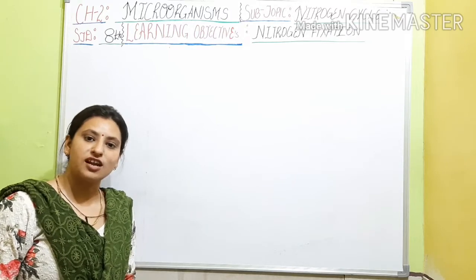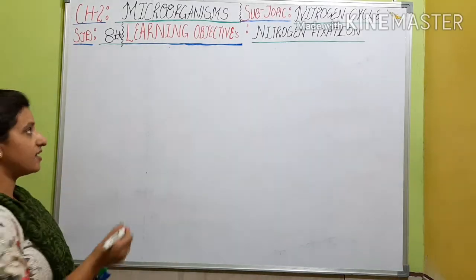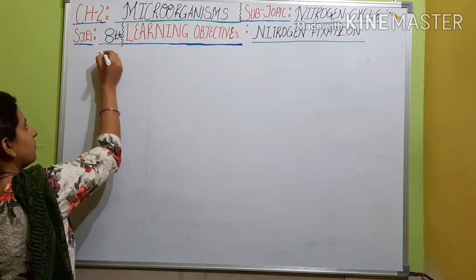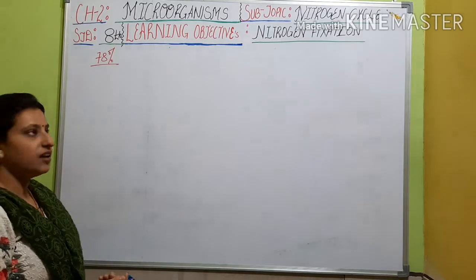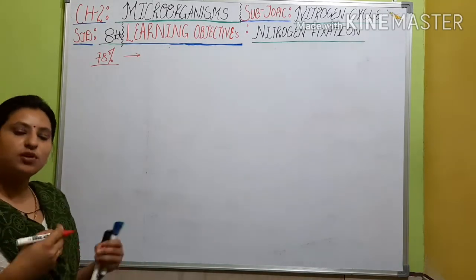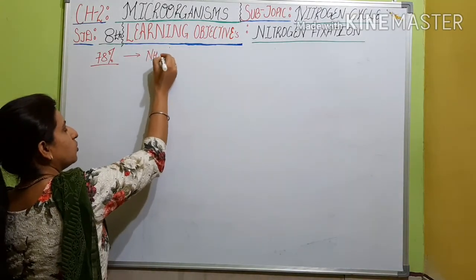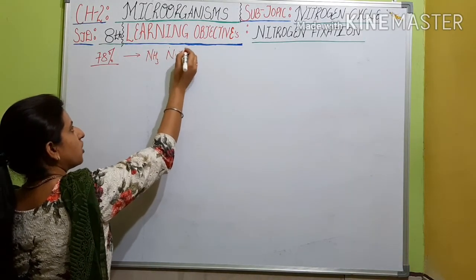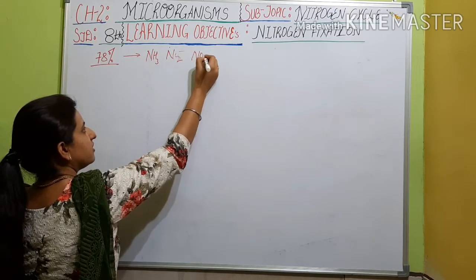So first of all, what is nitrogen fixation? It is converting the atmospheric nitrogen, which makes up 78% of the air, into a usable form of nitrogen, that is in the form of ammonia, nitrite and nitrate.